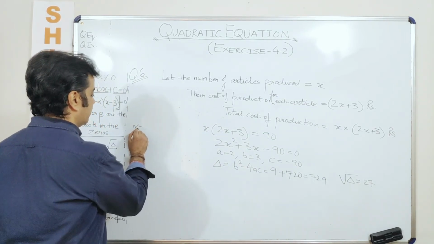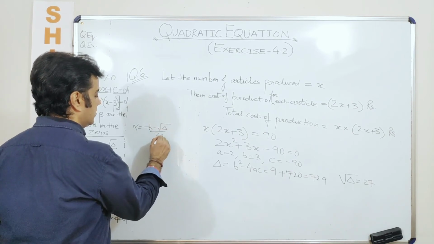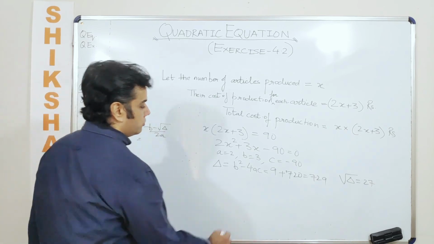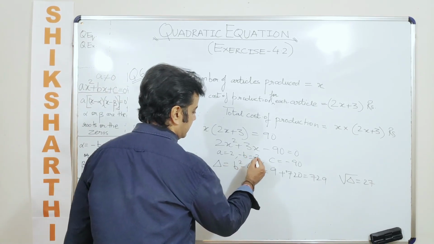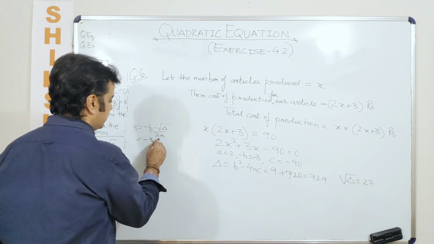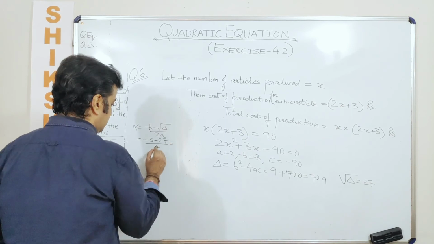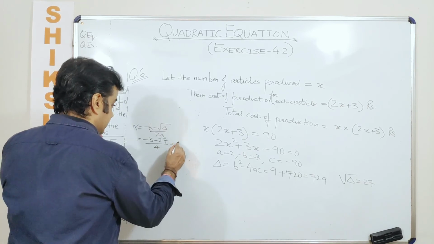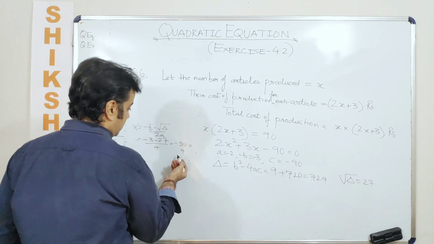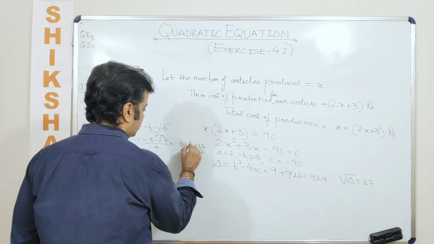Okay. So now let us calculate the value of alpha. We know that the value of alpha is minus b minus root delta upon 2a. How much is the value of minus b? The value of minus b can be written as minus 3. So minus 3 minus 27 upon 2a, which is 4, is just like saying minus 30 upon 4, which can also be understood as minus 15 by 2 rupees.